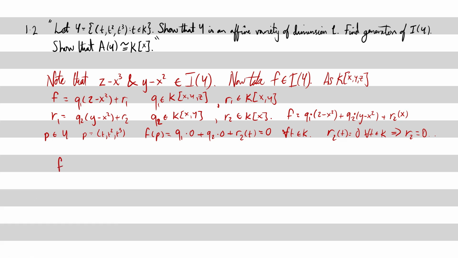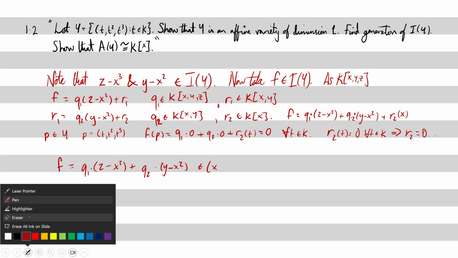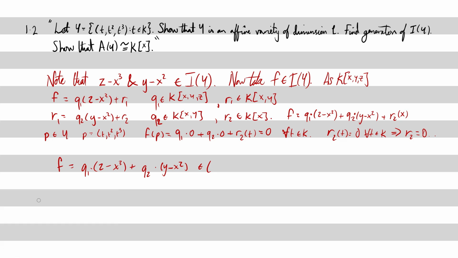So f equals q1 times (z minus x cubed) plus q2 times (y minus x squared), which means that it's within the ideal generated by z minus x cubed and y minus x squared, which we have said are elements of I(Y), so this is a subset of I(Y).